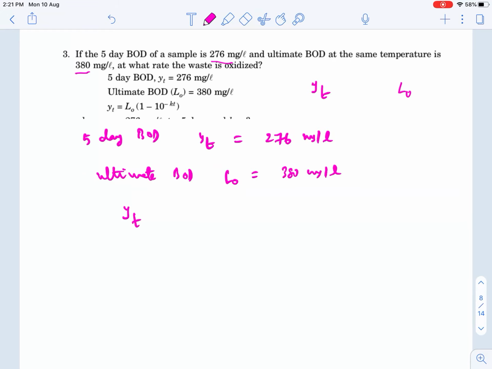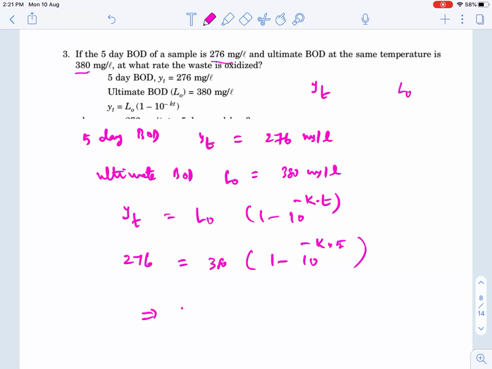So what is the relation? YT is equal to L naught into 1 minus 10 to the power of minus k into t. So what is the 5-day BOD? 276 is equal to, what is ultimate BOD? 380 into 1 minus 10 to the power of minus k, that is the deoxygenation constant we have to calculate, multiplied by 5 days.